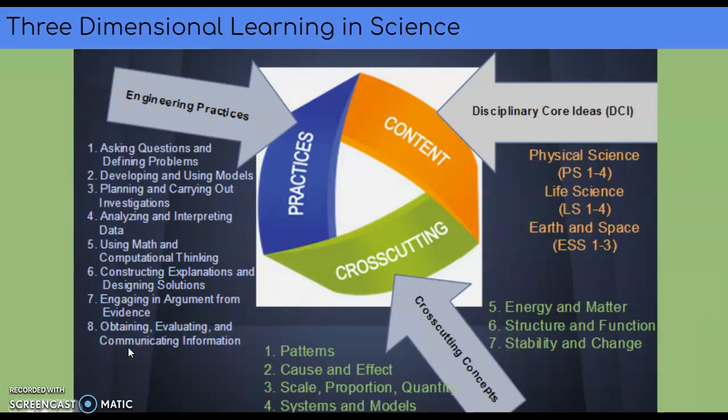These practices in the framework and the NGSS mirror the practices that scientists use in their careers and play a central role in what it means to know and to do science. Across the grades, students engage in the practices in increasingly sophisticated ways.